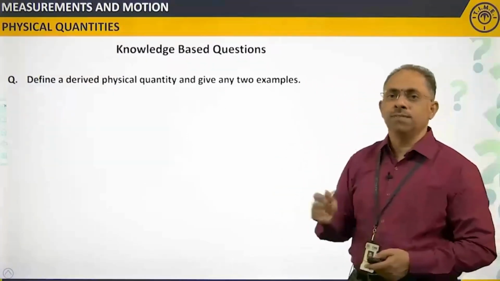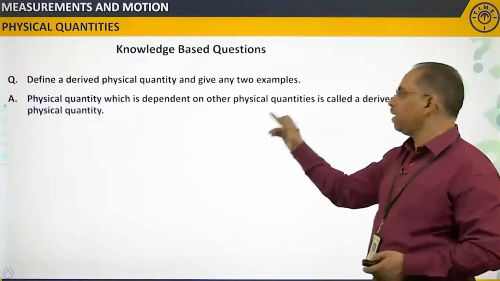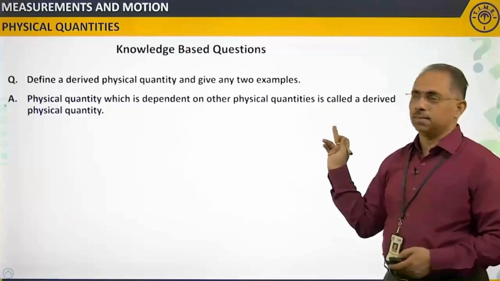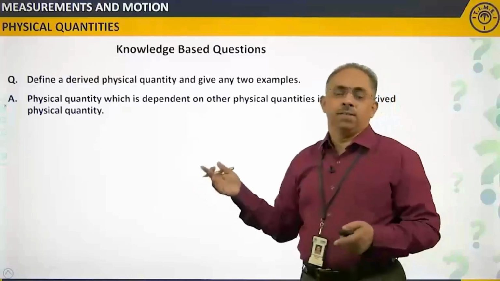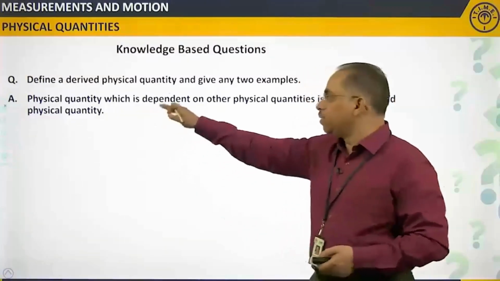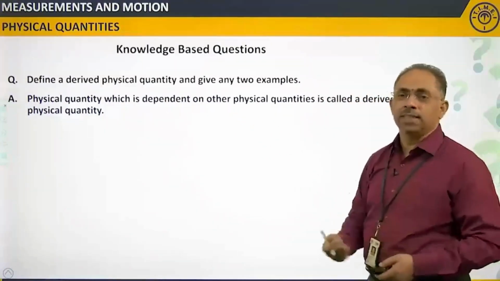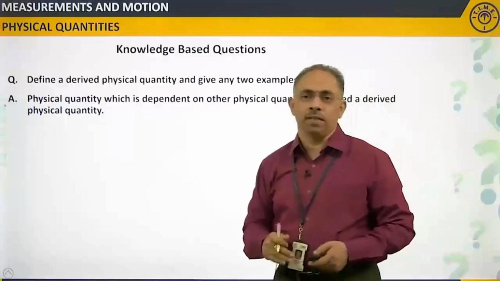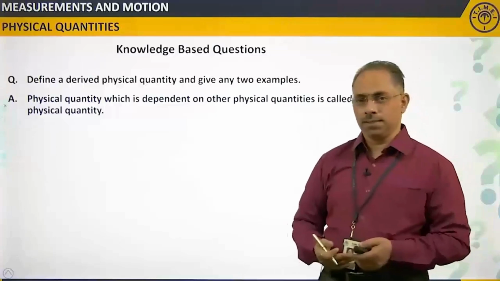So this will be a physical quantity which is dependent on other physical quantities. I mean to say that the measurement of a given physical quantity will be dependent on the measurement of other physical quantities.